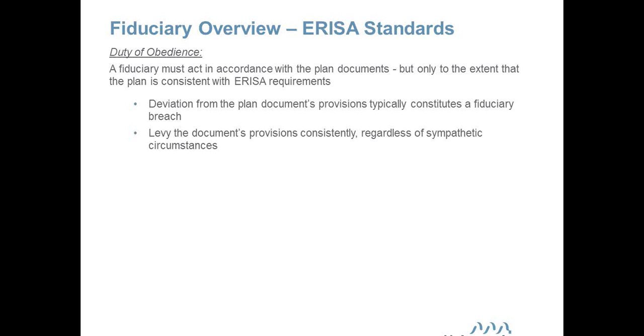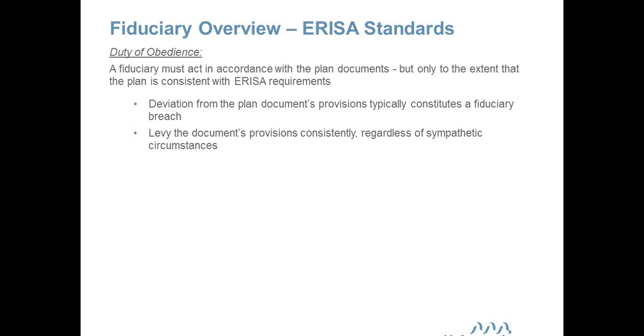If your plan documents, for example, say husband or wife, that would not necessarily be in compliance with ERISA any longer. That's a situation where you would want to speak with your counsel to amend your plan documents so that the document is in compliance with ERISA, because you are required to administer your plan in compliance with ERISA.